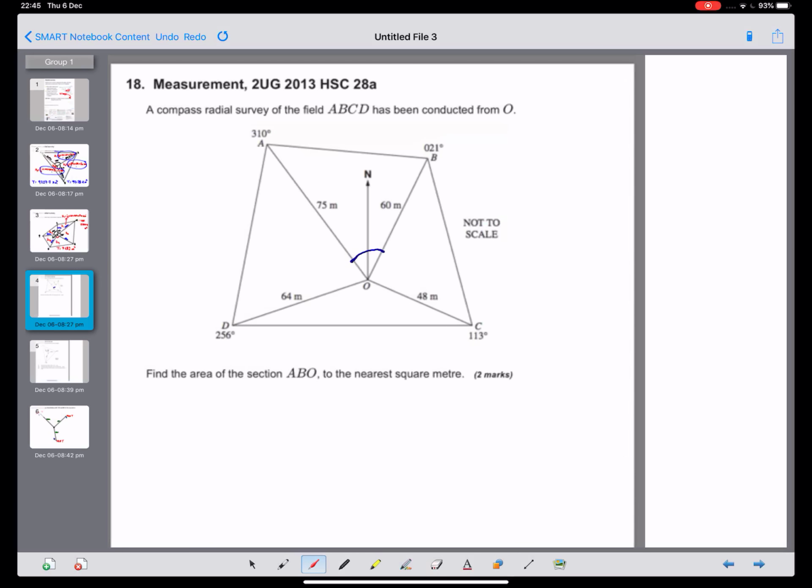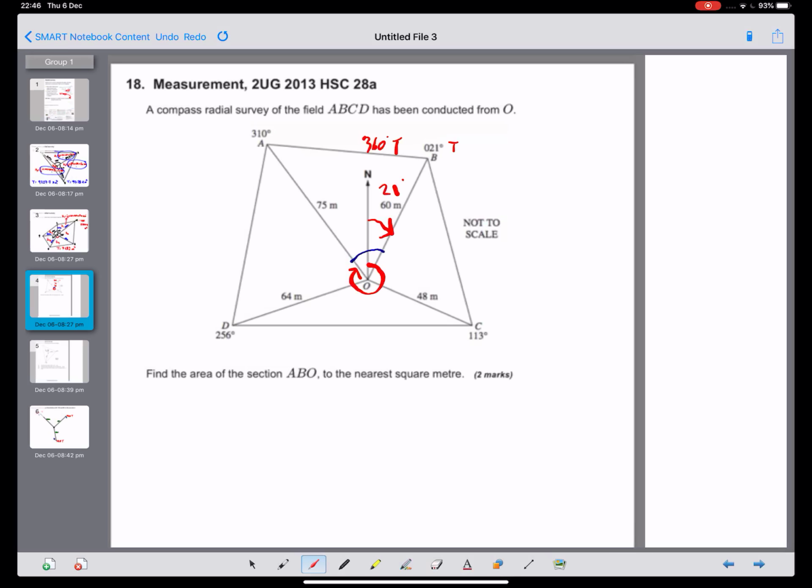We know that 021 true bearing is a measurement clockwise from north. So we know that this is 21 degrees. We know that 310 is a measurement from there all the way around to here. So we need to add 50 to get to 360, which is the bearing here, 360 true bearing.